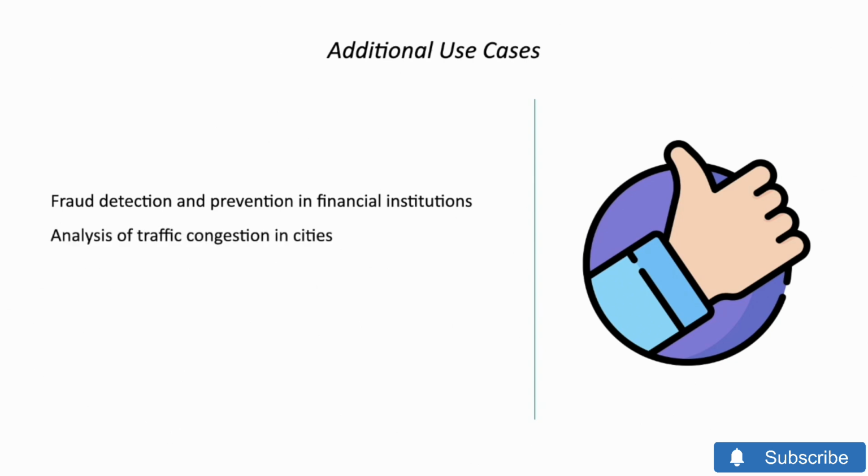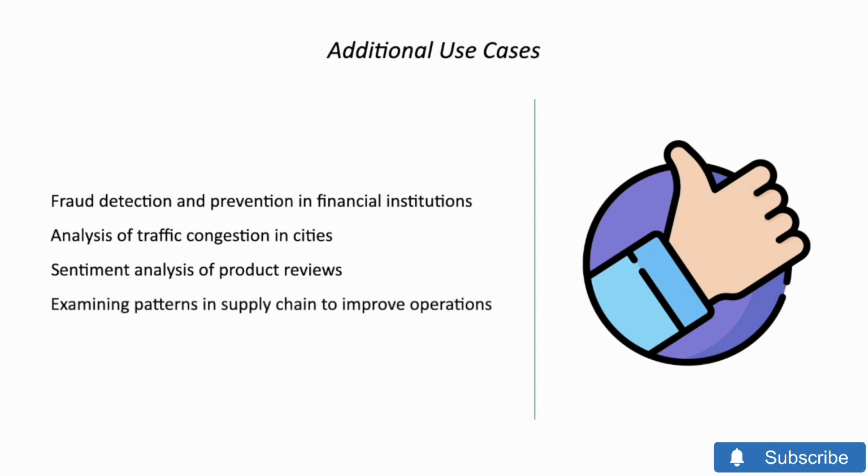Teradata Vantage also finds utility in identifying traffic patterns in cities, and a good analyst may be able to suggest actions to improve congestion. Vantage may also be used to perform sentiment analysis on various text data, for example, on product reviews on an e-commerce platform. Vantage may also be used to study supply chain data in order to identify areas of optimization.